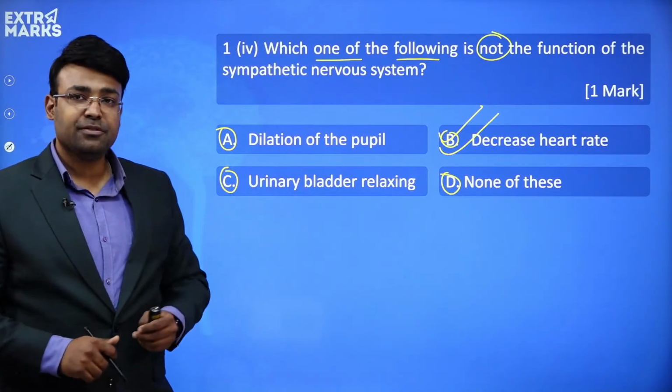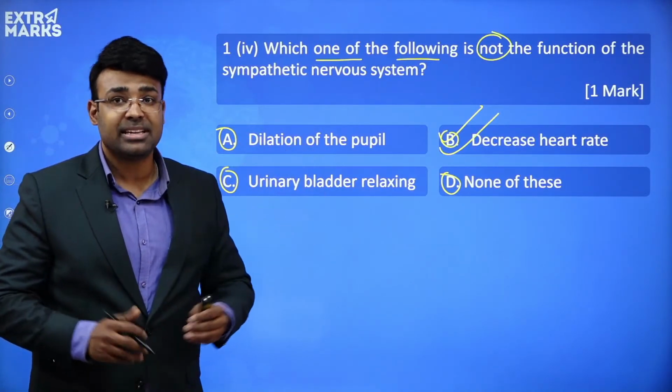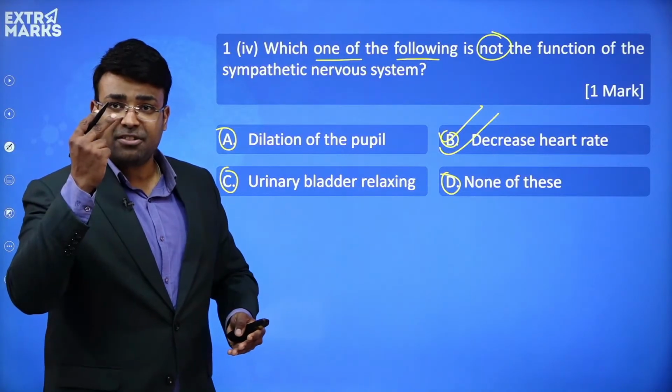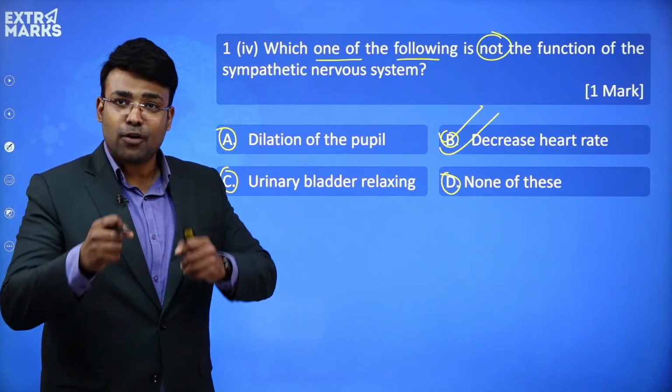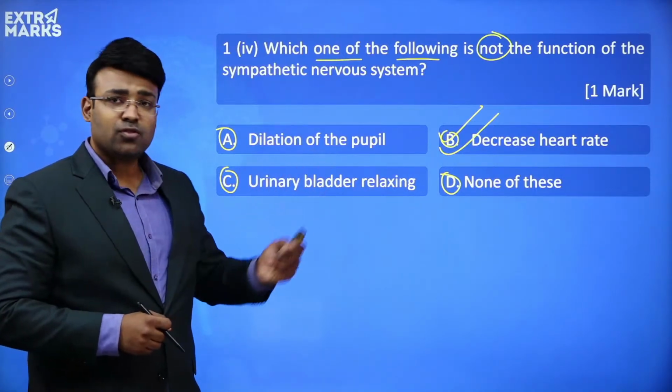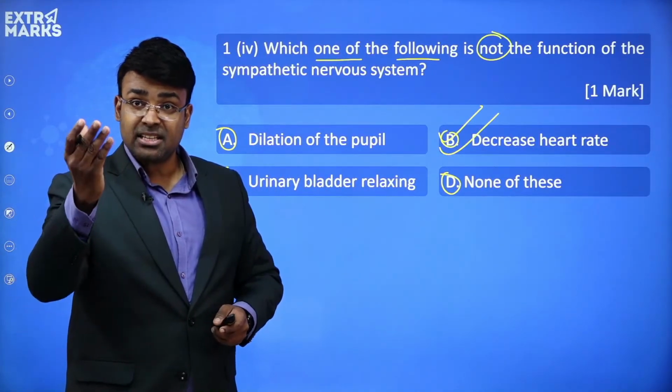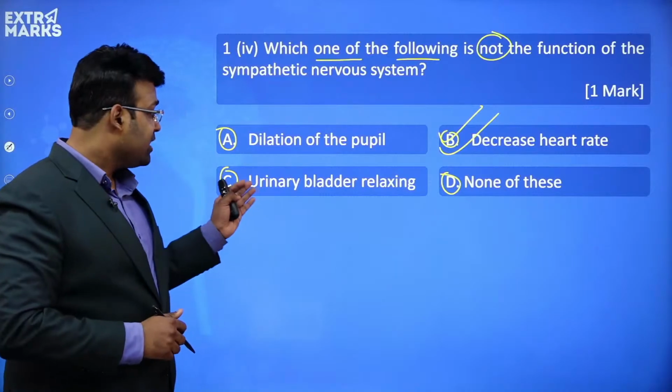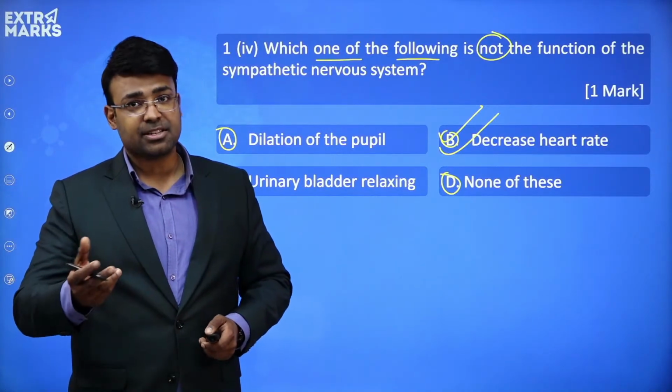While the other option says dilation of the pupil, yes, it happens, because if you are in the fight or flight mechanism and have to fight someone, dilation of the pupil is important so that you can see things clearly. Urinary bladder relaxes, yes, that also happens.